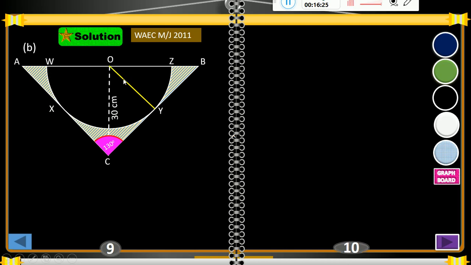So this line from the center touching the BC, a tangent to the semicircle, must have 90 degrees at this point. That means it's perpendicular to BC and must also be perpendicular to AC. So therefore it's also perpendicular to AC.